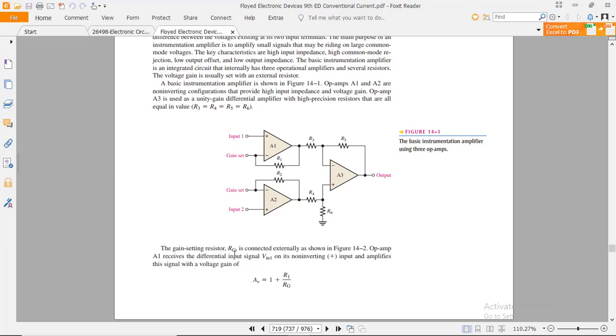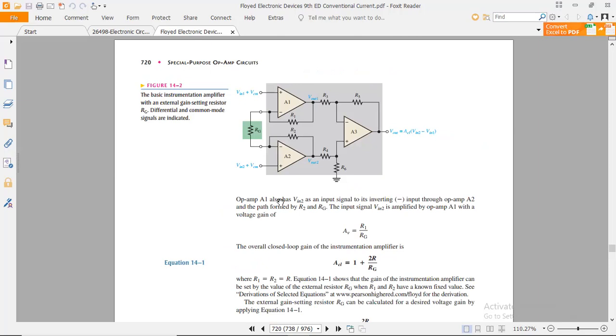The gain setting resistor RG is connected externally as shown in figure 14-2, which is the upcoming figure on the next page. Op-amp A1 receives the differential input signal Vin1 on its non-inverting positive input and amplifies the signal with a voltage gain of Av equal to 1 plus R1 divided by RG.